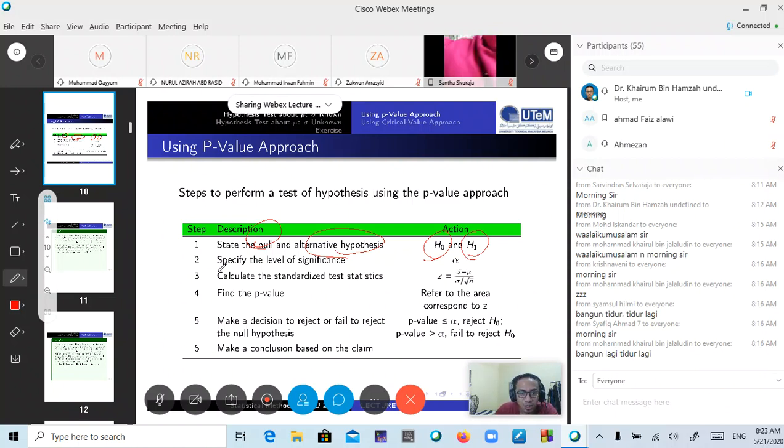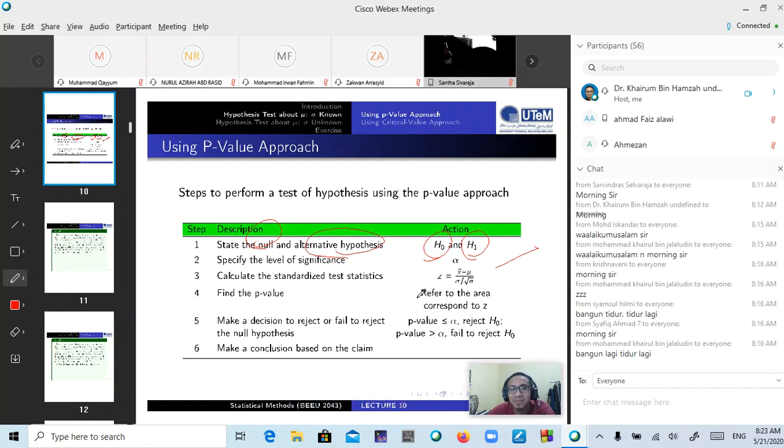Step 2, specify the level of significance, which is the value of alpha. Step 3, calculate the standardized test statistic. How to calculate the standardized test statistic? Z equals x bar minus mu divided by sigma over root n.